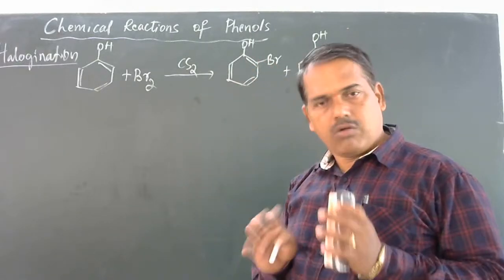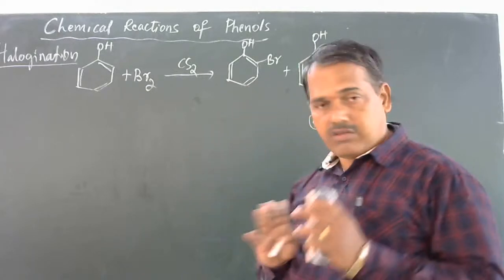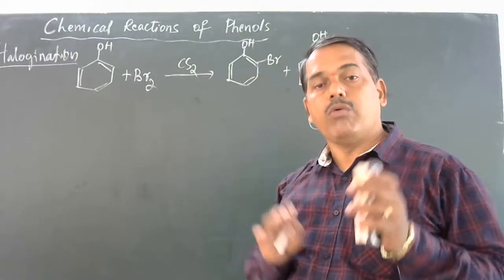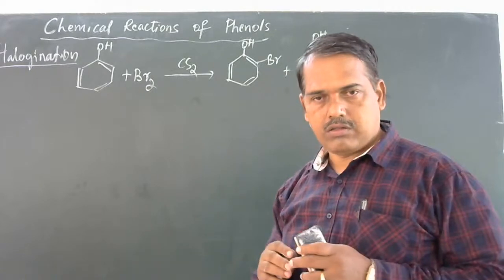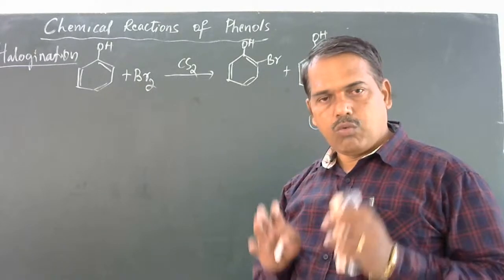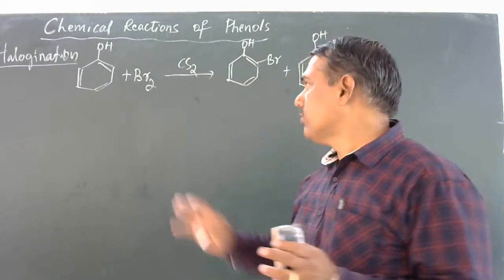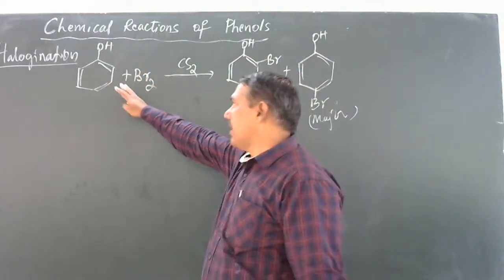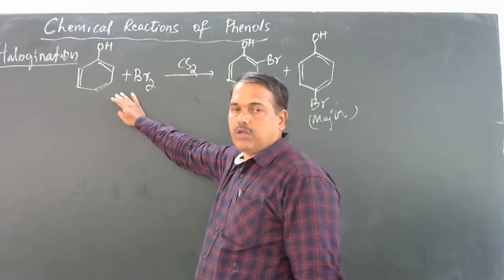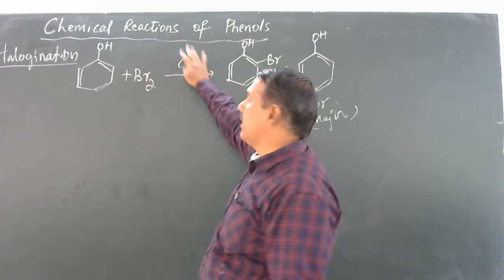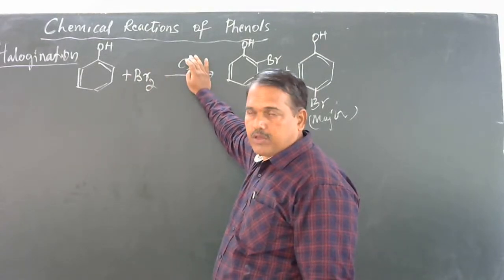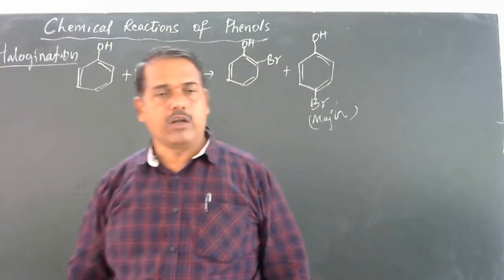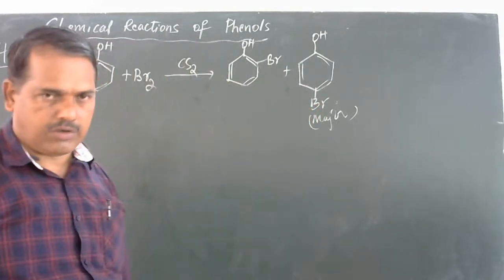If benzene is there, this carbon disulfide doesn't work, so we want a halogen carrier. As the OH group is attached to the benzene ring, which makes it highly active, it doesn't require a halogen carrier. We can easily carry out an electrophilic substitution reaction.